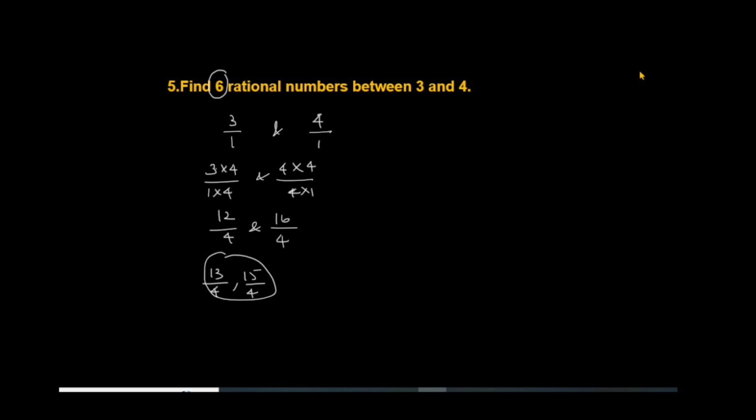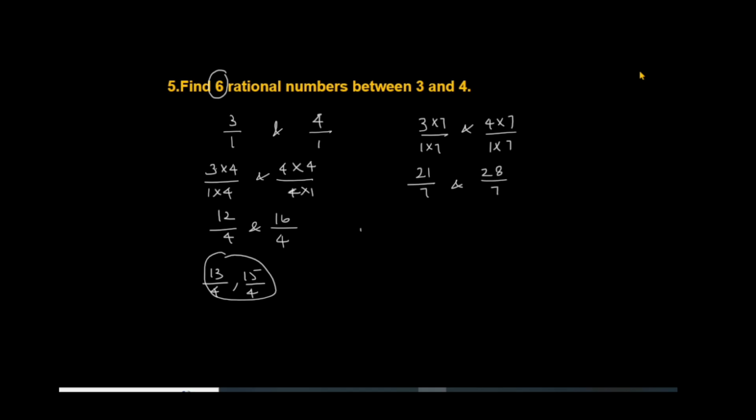Multiply the given number with 7 or 8 or 9 or 10, any number. So I am going to multiply this with 7. 3 into 7, 1 into 7, and 4 into 7 and 1 into 7. So 3 sevens are 21 by 7 and 28 by 7.